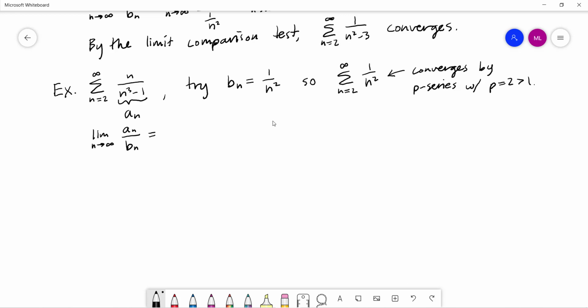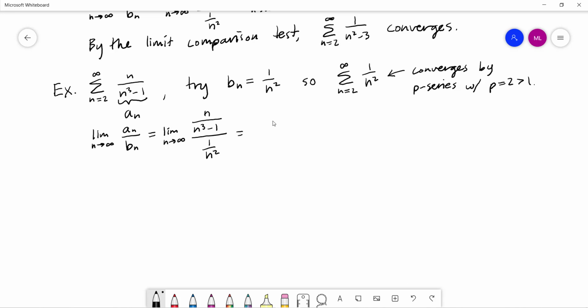In this case, my a sub n is n over n cubed minus 1, and my b sub n is 1 over n squared. And again, terrible habit, don't forget your limit. Limit as n goes to infinity. I haven't evaluated that limit yet. So n over n cubed minus 1 over 1 over n squared.